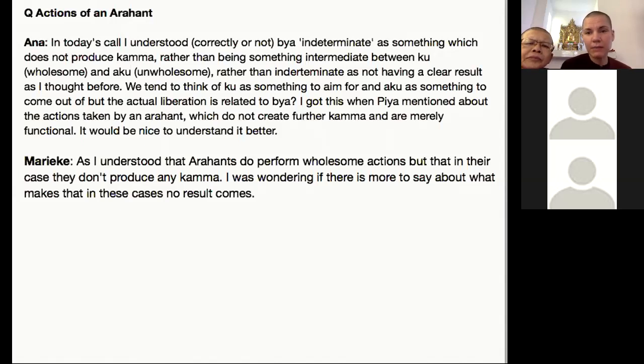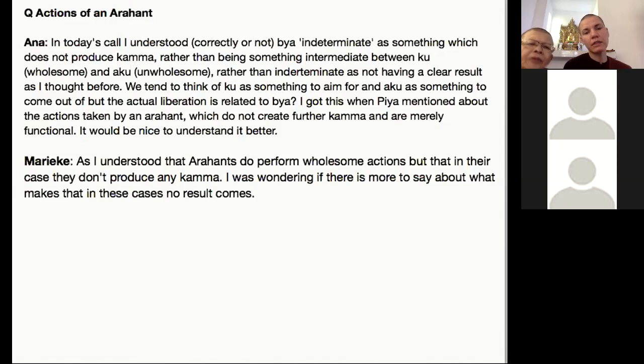I got this when you mentioned the action taken by an arahant, which does not create further karma and is merely functional. Okay, and then Marieke has added that she understands that arahants do perform wholesome actions, but that in their case, they don't produce any karma. And yeah, so she wanted to understand more.